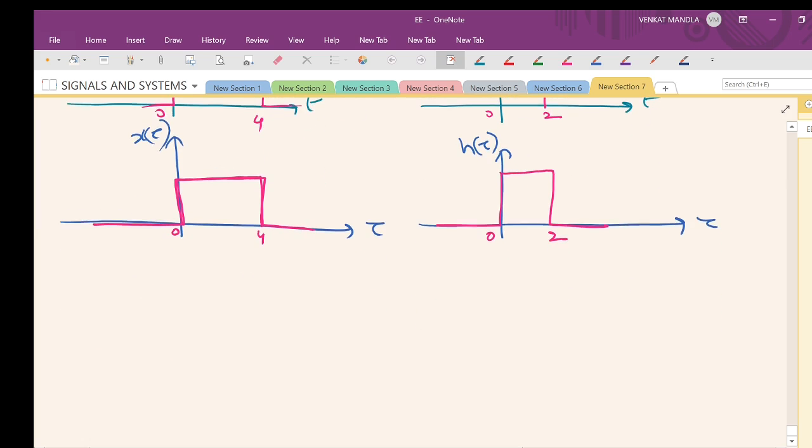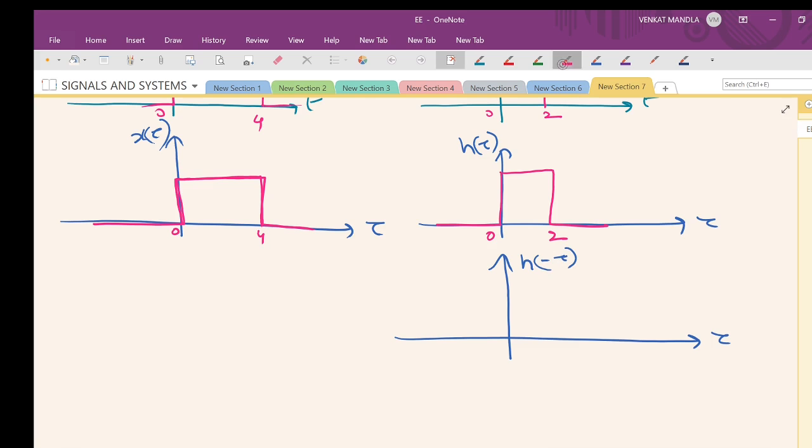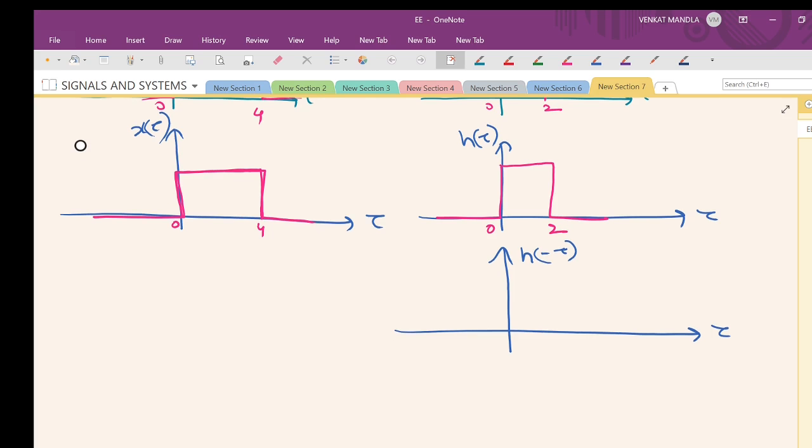The next step is h(tau) to h(minus tau). H(minus tau) means we have to fold h(tau) about the y-axis, so 0 to 2 becomes 0 to minus 2.